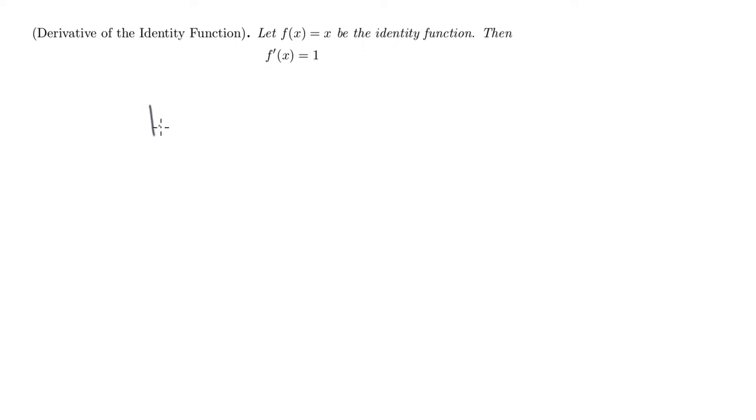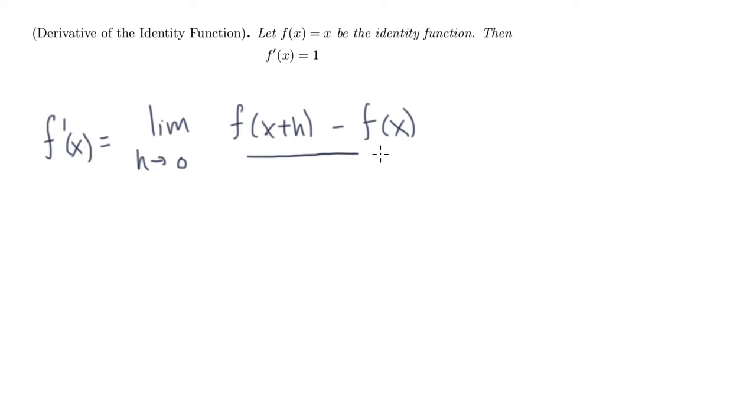So we're trying to find f prime of x, so the limit as h goes to 0 of f of x plus h minus f of x all over h.